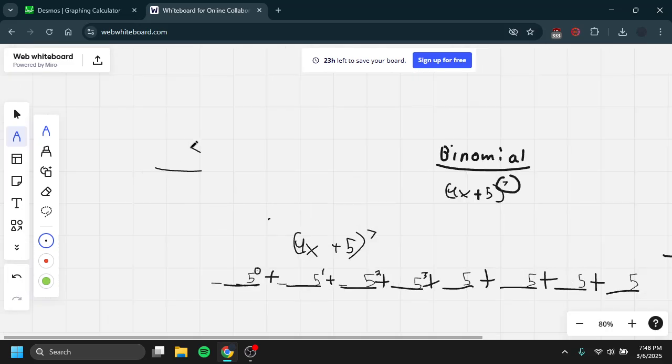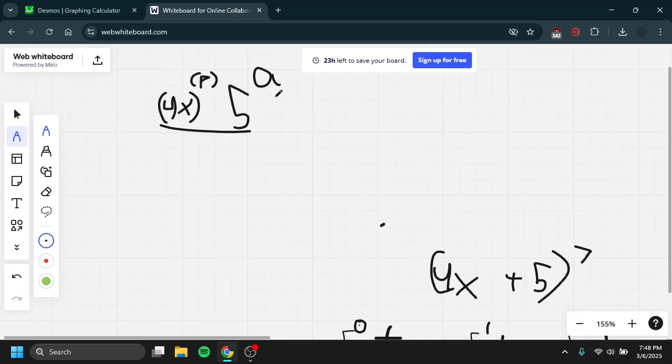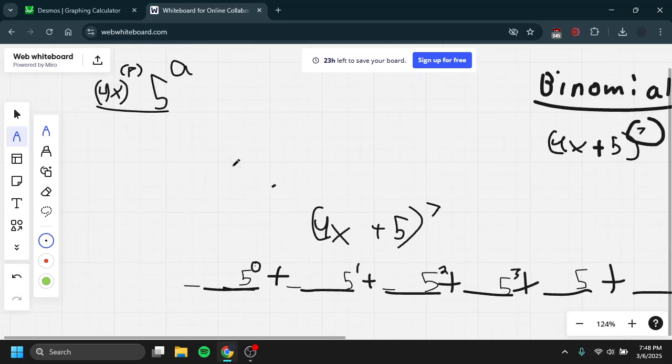We'll do 5, and then this will be a, and this will be 4x to the power of, I don't know, let's call this p. So as p decreases, as our terms decrease, a will increase.